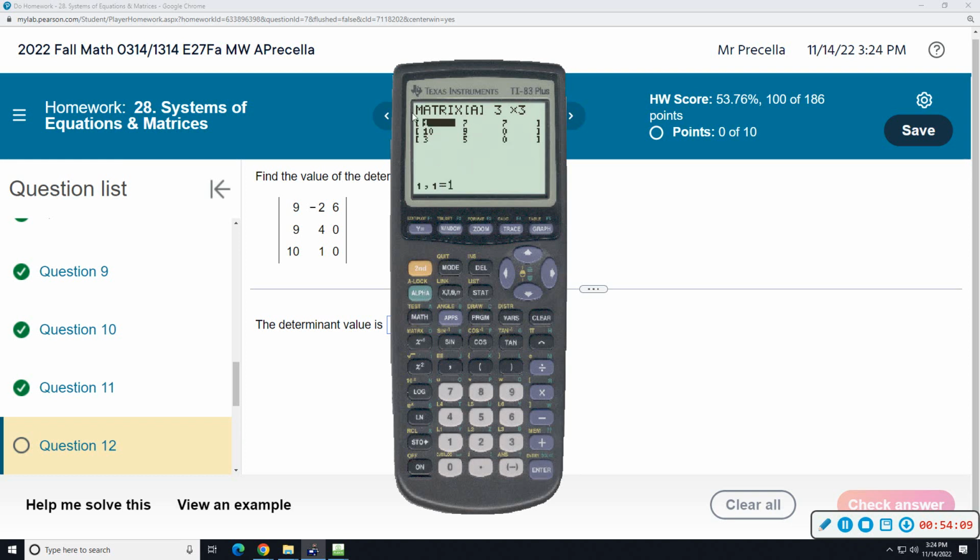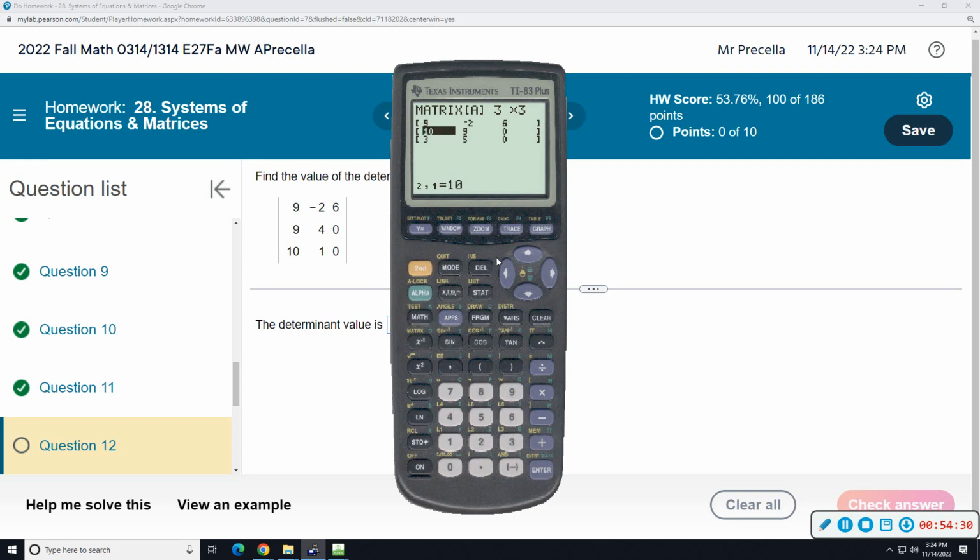And these were the numbers that we were using the last time I did this in class. I should have just cleared that out so you don't even see those. But just go through entering the numbers. 9, enter, negative 2, enter, 6, enter.